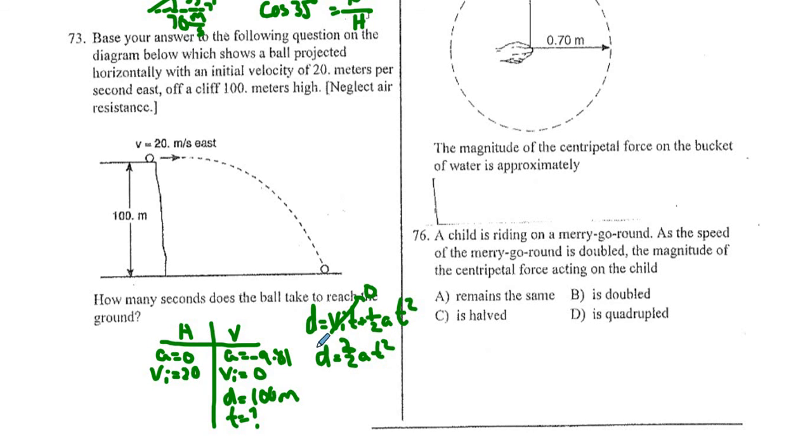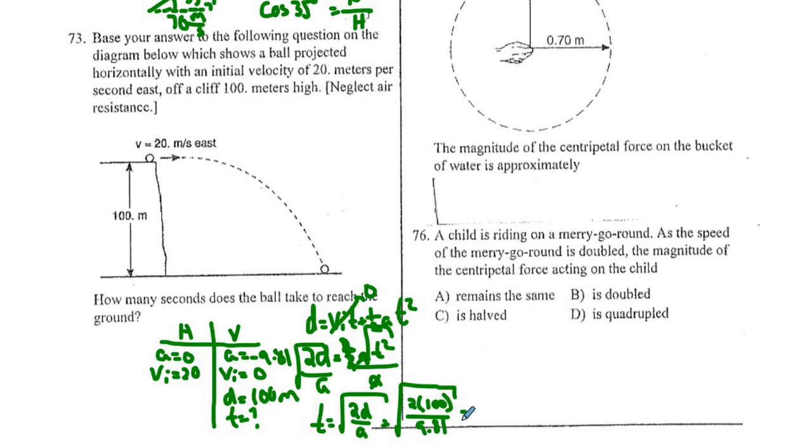So I'm going to multiply both sides by 2, divide by A, and then square root. So I get an expression that T is equal to the square root of 2 times the distance divided by the acceleration. And if I plug in some numbers, this is 2 times 100 divided by 9.81. If you throw that into your calculator, I got 4.5 seconds.